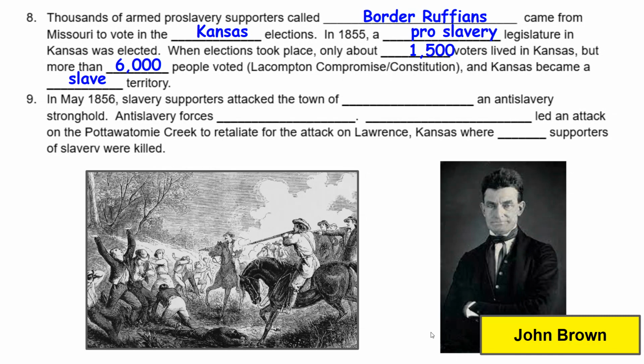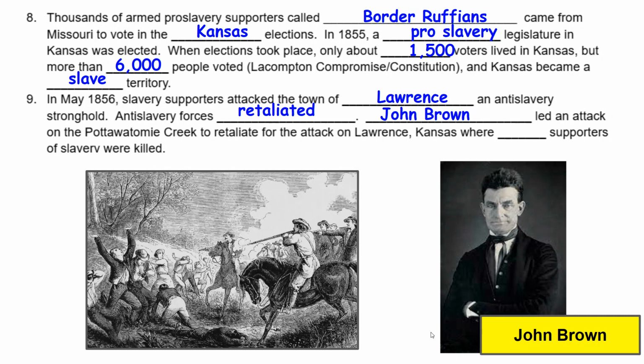In May of 1856, there was an uprising with the support of slaves, and they attacked the town of Lawrence, an anti-slavery stronghold, and anti-slavery forces retaliated. And what's going to end up happening is the rise of John Brown, who you see photographed down at the bottom.